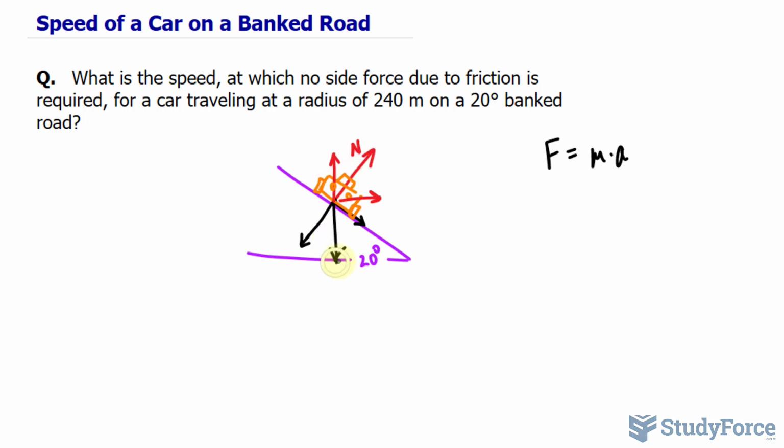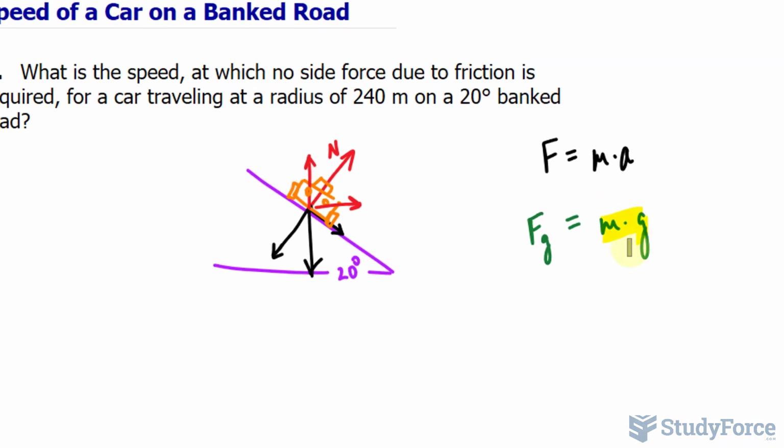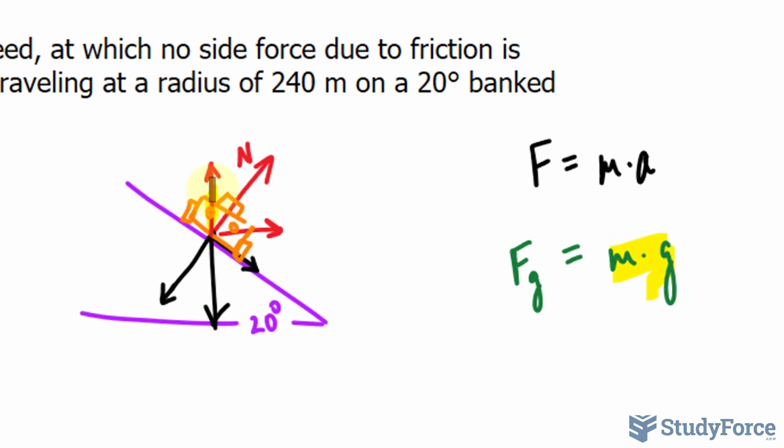If we represent this mathematically, we can replace a with g, which represents 9.8 meters per second squared. Let me write that in. So the force due to gravity, I'll write the subscript g, is mass times gravity, and you can replace g with 9.8 if you like. This needs to equal the magnitude of that vector.